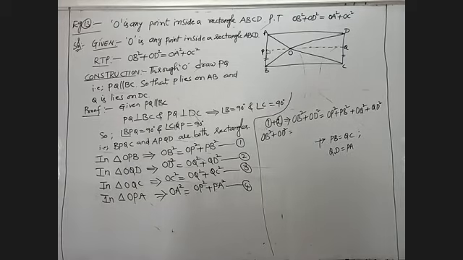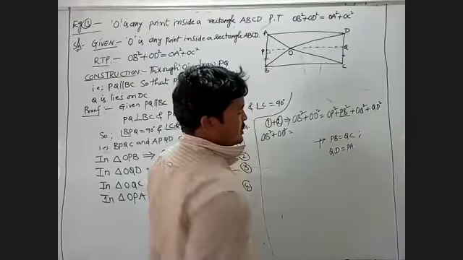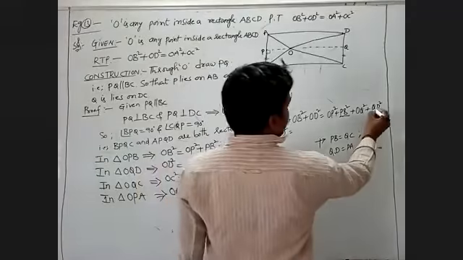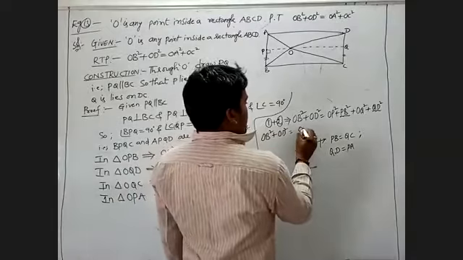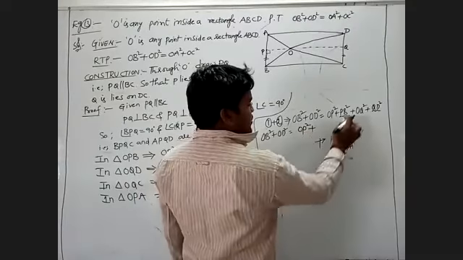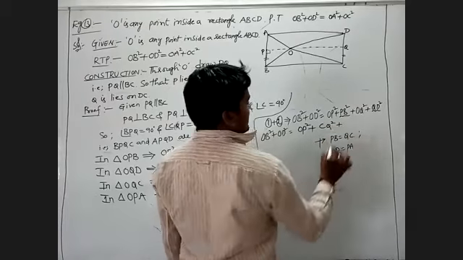I have to replace in this one. PB we have replaced with QC. After that, QD can be replaced with PA. I will write OP square plus PB is nothing but QC, or CQ square.